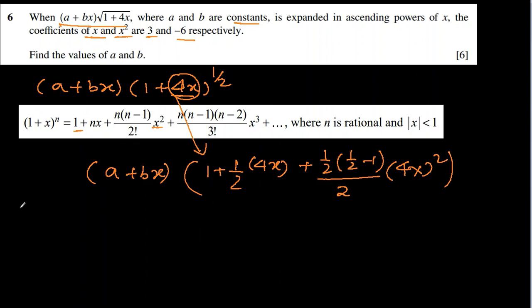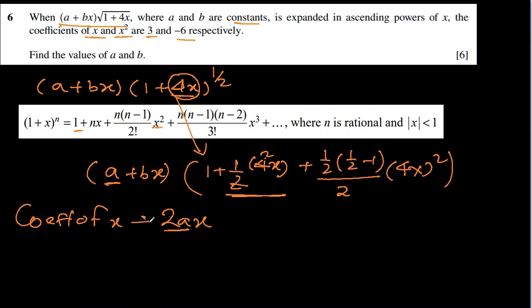Now, let's focus on the coefficient of x. A will give coefficient of x if it multiplies with this one, which is, let's cancel this one. So a multiplied by 2x will give us 2ax. That is the first one, where coefficient is 2a, but I'm writing x also.